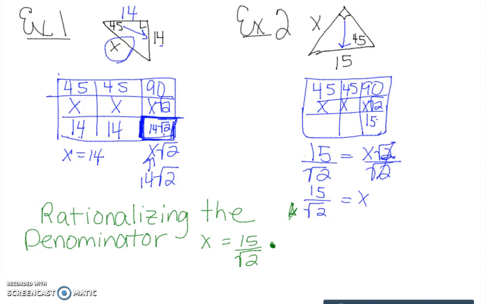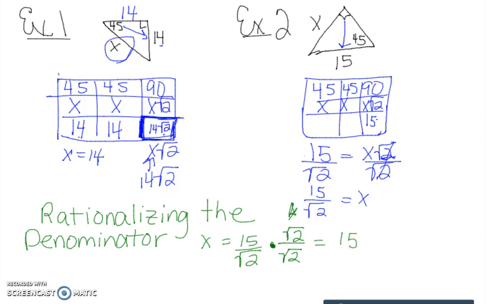One of the ways we can do that is to multiply by a version of 1. And that version is going to be the partner to square root of 2, or the second part. So I'm going to have square root of 2, and then to make that 1, I'm going to multiply by another square root of 2, because square root of 2 divided by square root of 2 equals 1. That doesn't change my answer value, but it will change my answer so I don't have a radical in the bottom.